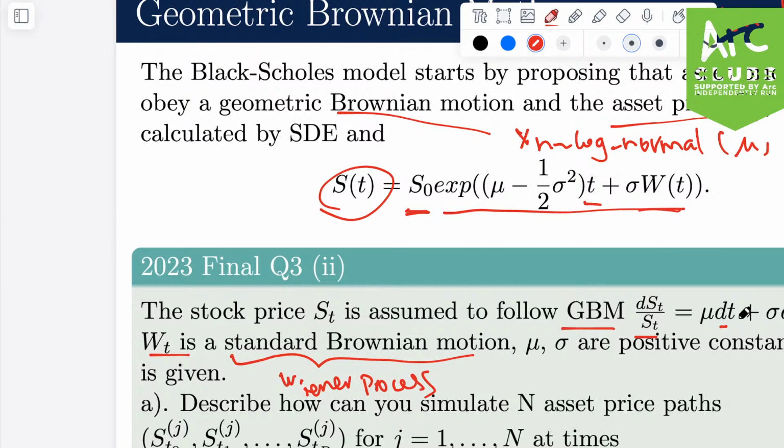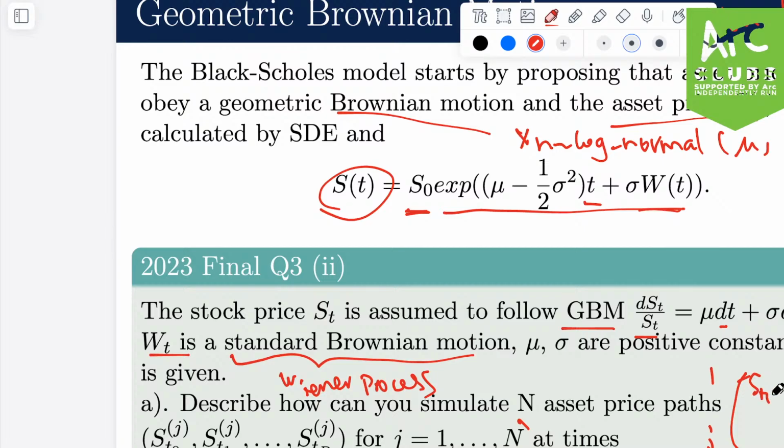And the question asks us to describe, right? So you want some details on how we can simulate the asset price path. Again, we only know S0. We want to know ST0, ST1, up to STR, and this is only the jth path. What you actually want to simulate in real life is from 1 to j.